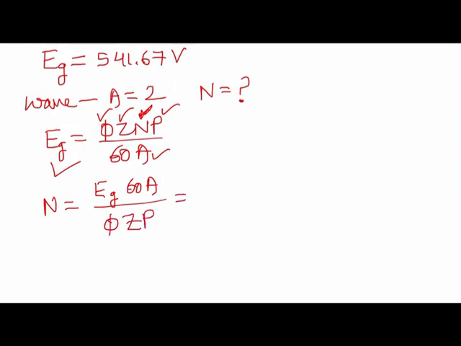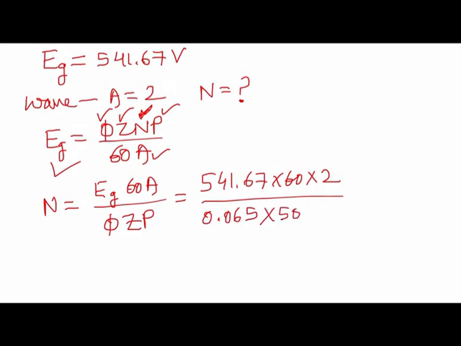Upon substituting all the values, we will get the speed as 541.67 into 60 into number of parallel paths 2 divided by 0.065 into number of conductors 500 into number of poles 8. Upon calculating this, you will get 250 RPM.